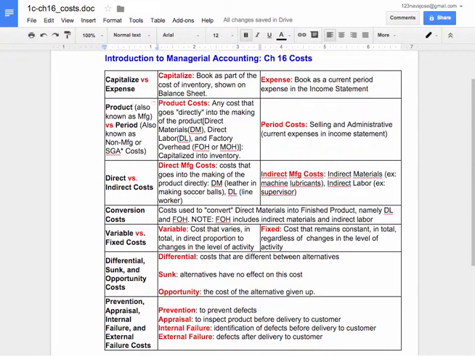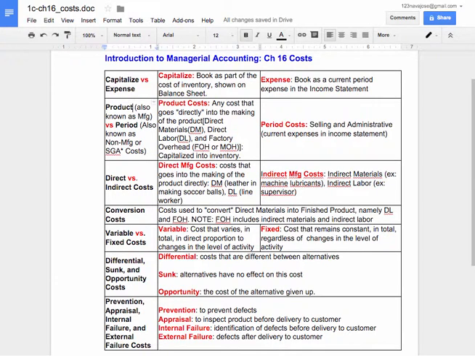So remember that there's different ways to account for costs. You either do it currently, and that means in the income statement as expense, or you capitalize it into the balance sheet as an asset. So that's the difference between capitalizing and expensing.